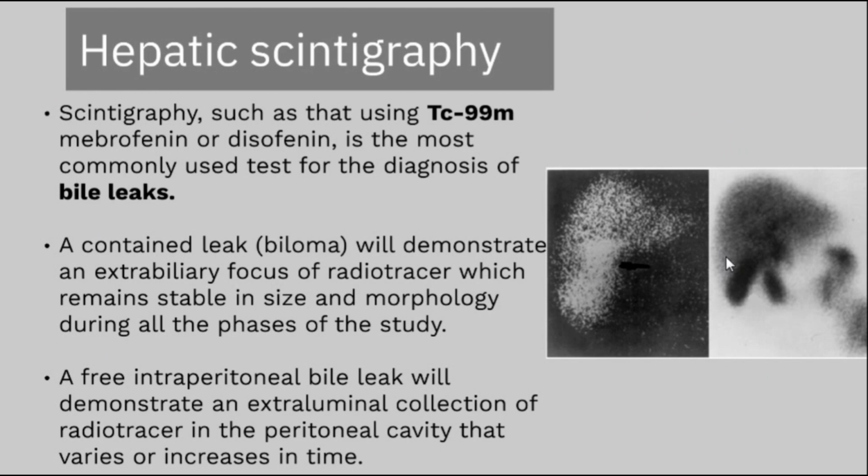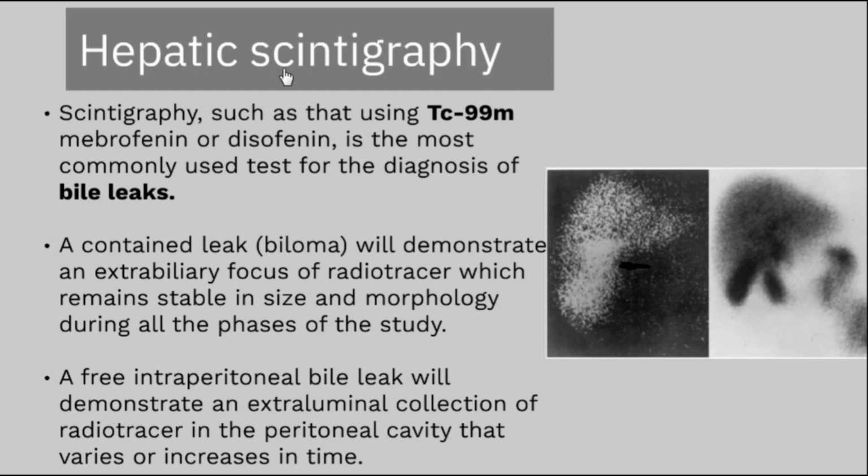Hepatic scintigraphy. This is done only for bile leak, or they say biliary tree injury. We use technetium 99m, and so we are looking for whether there is a contained bile leak, like a biloma, as we mentioned in the ultrasound picture, or if there is an intraperitoneal bile leak.